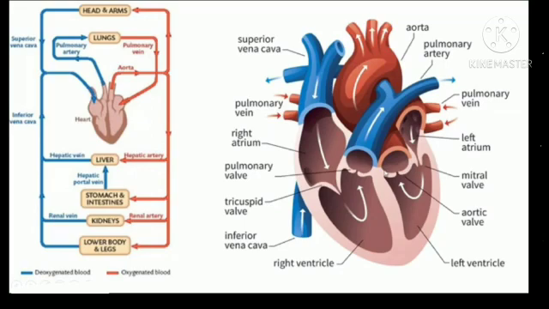That pulmonary valve sends it towards the pulmonary artery. The pulmonary artery connects to the lungs. From there, deoxygenated blood is converted into oxygenated blood, and that oxygenated blood will enter into the pulmonary vein, and this process goes on. This is the function taking place, that blood is circulating inside the heart.